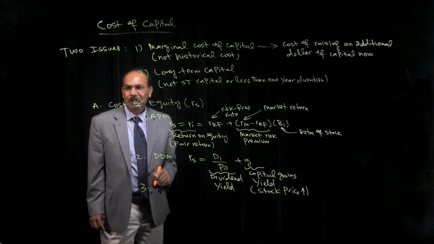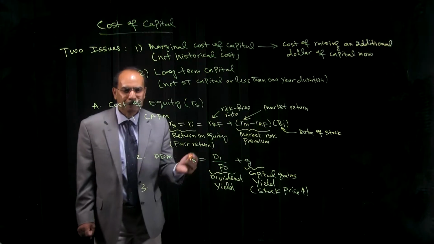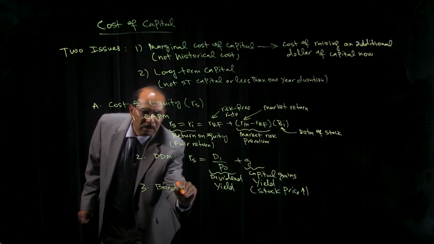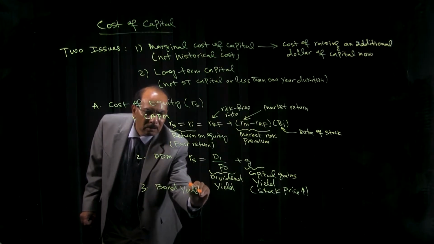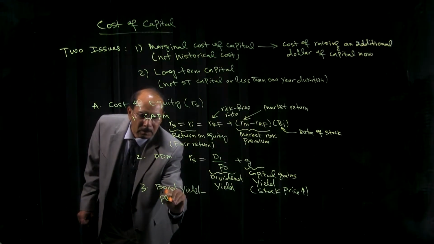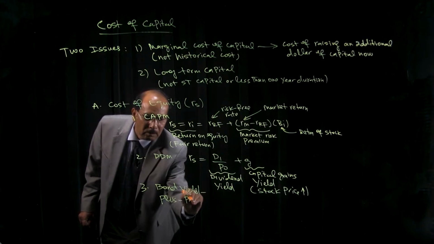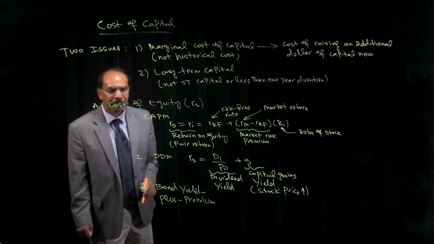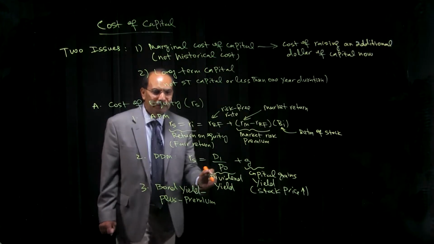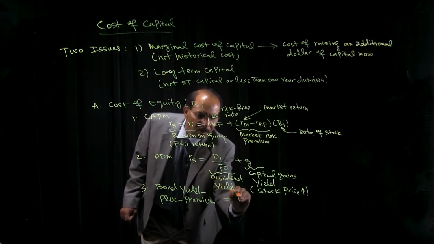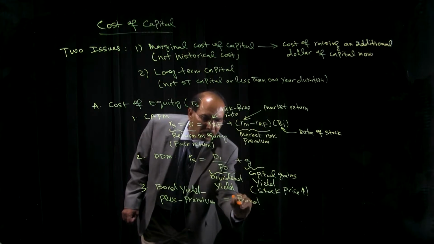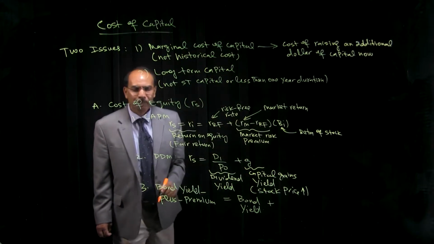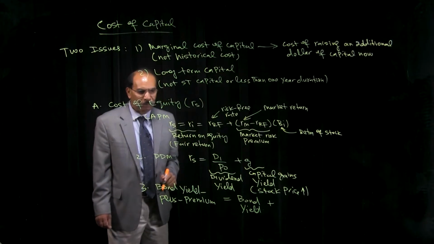The third one is going to be more subjective. It's often known as the bond yield plus premium approach. So we look at the return being provided by the firm to its bondholders.